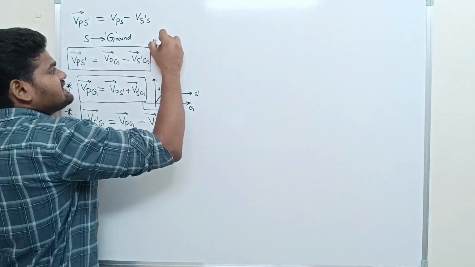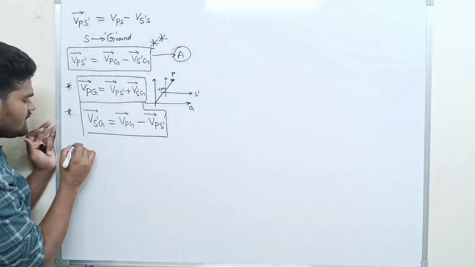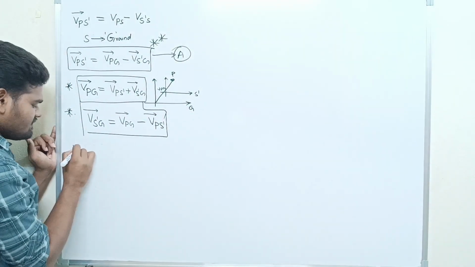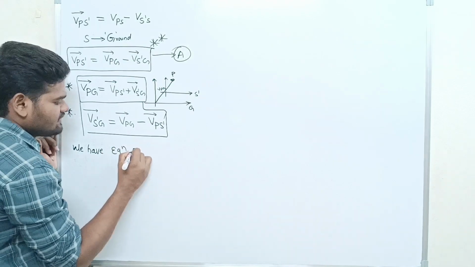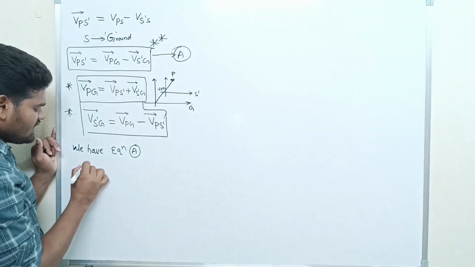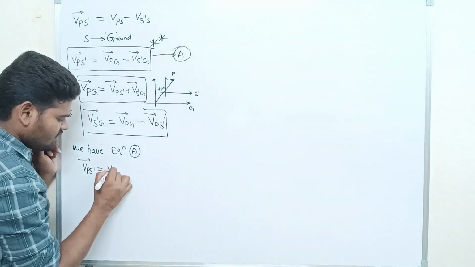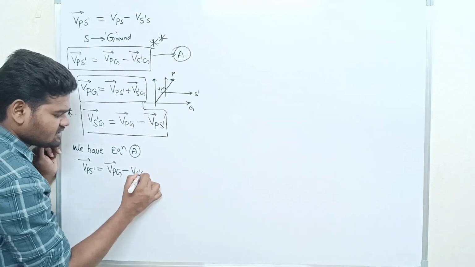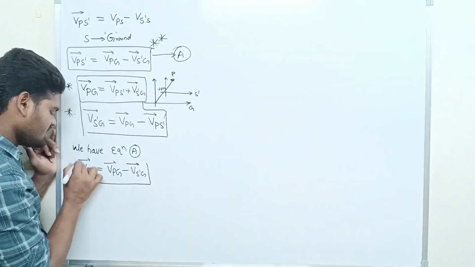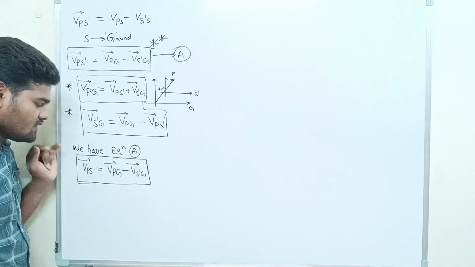Let us consider this as equation number A, capital A. What is equation A? Vp S dash equals Vp G minus V S dash G, with respect to the ground frame.